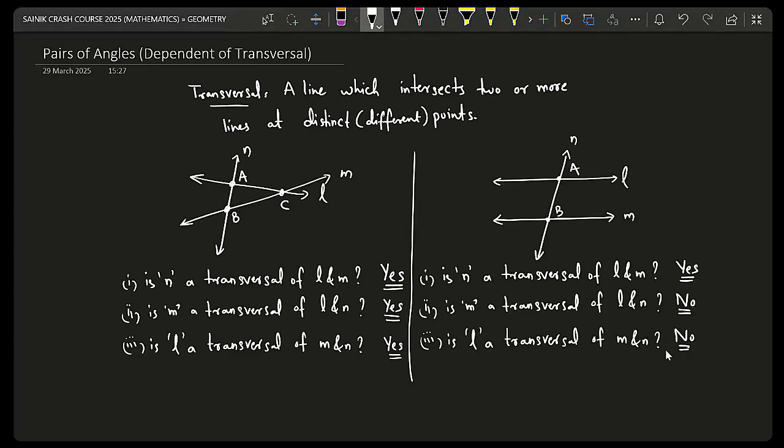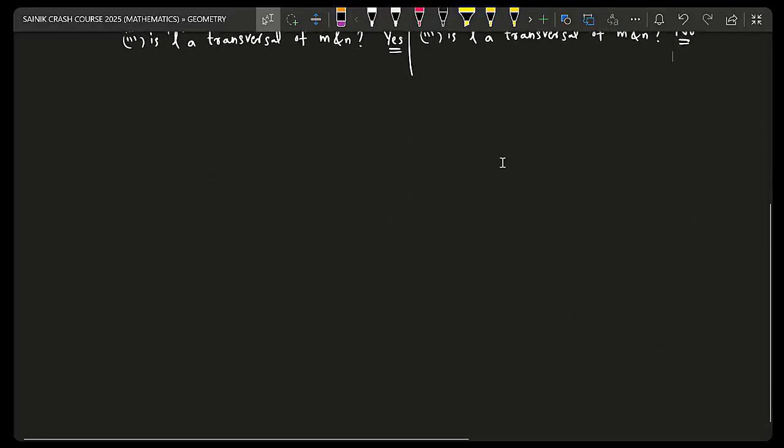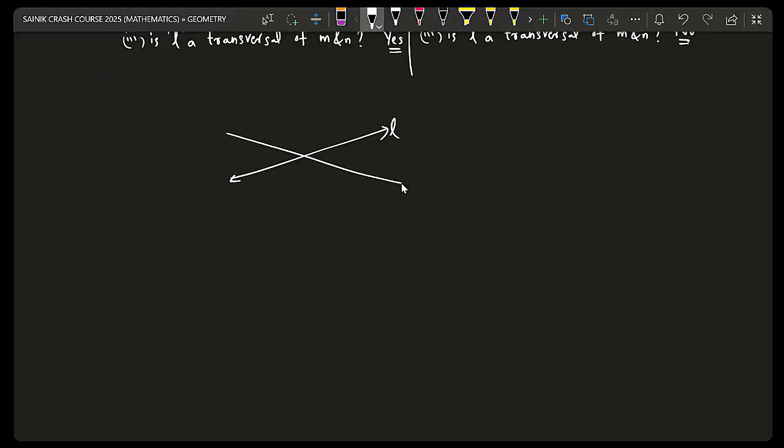Now, I am going to give similar questions for the next figure. Sanvi, you can mute now. There is a line L, a line M, and one more line N. All of them are passing through the same point.